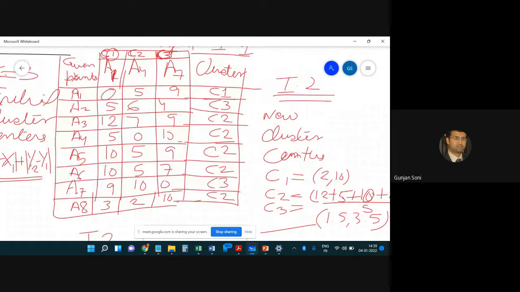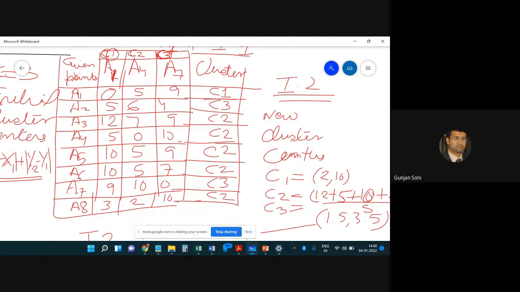In C2 you have A3, A4, A5, A6, and A8. So the average for the first coordinate would be 5 plus 12 plus 5 plus 10 plus 10 plus 3 divided by 5. And for the second coordinate, it will be 7 plus 0 plus 5 plus 5 plus 2 divided by 5.